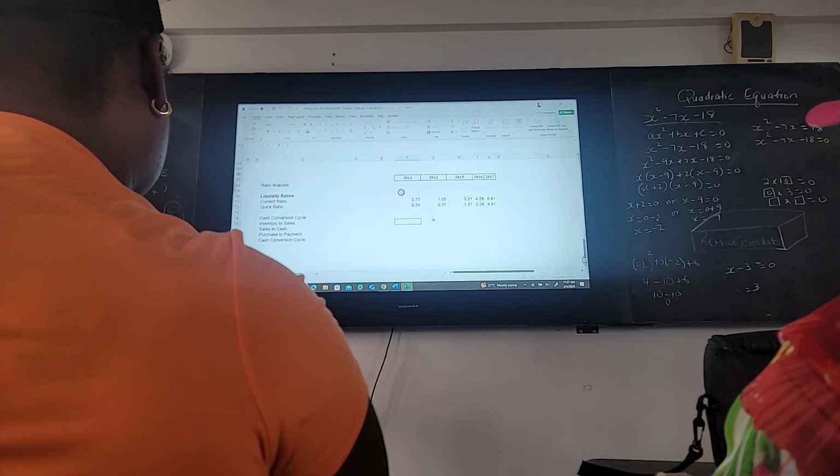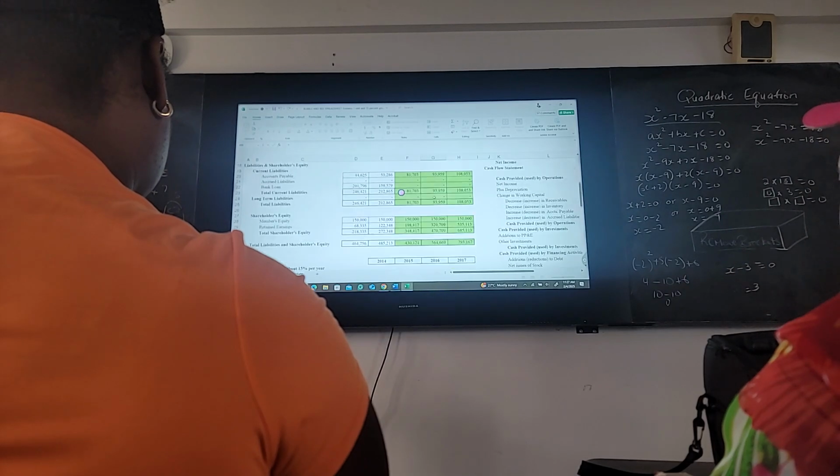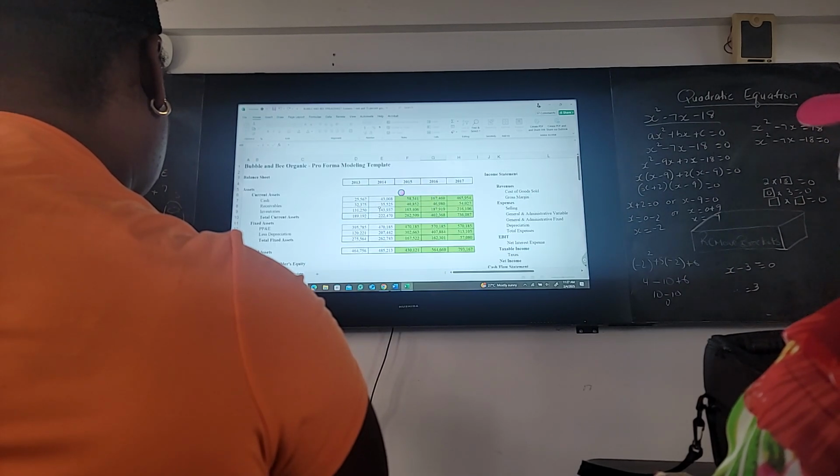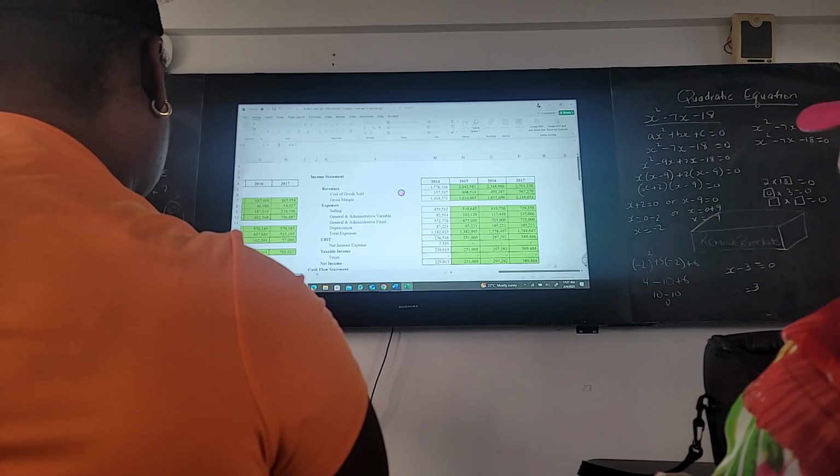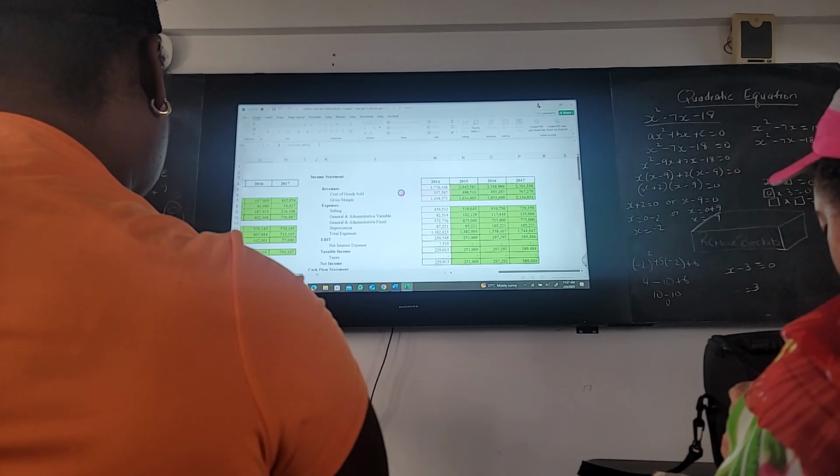So for 2014, the numerator is your inventory divided by your cost of goods sold divided by 365, assuming the 365 days here.